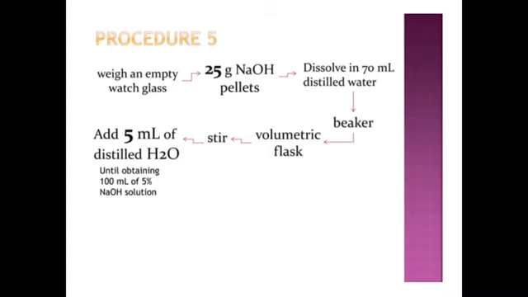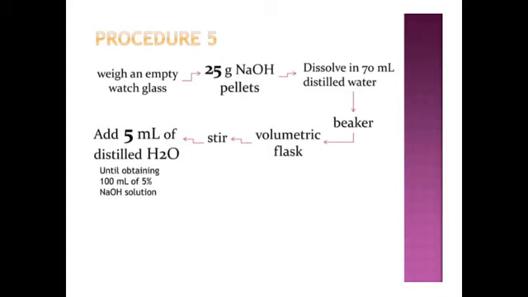After transferring it to the beaker, of course, you stir to ensure even distribution. Then you transfer it to the volumetric flask. After transferring to the volumetric flask, you stir again. By the time you stir, you now add the 5 ml of distilled water to it.